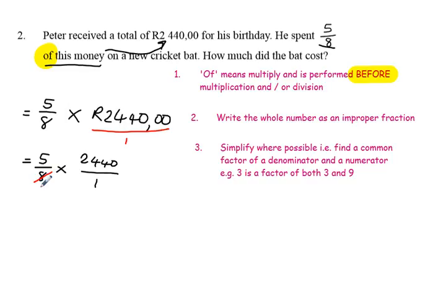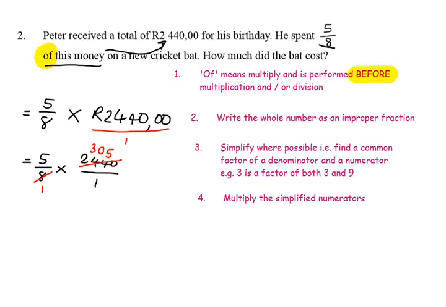So 8 goes into 8 once. 8 goes into 24, 3 8s are 24. 8 cannot go into 4. So 8 goes into 440 305 times. Now, the next step is to multiply the simplified numerators.